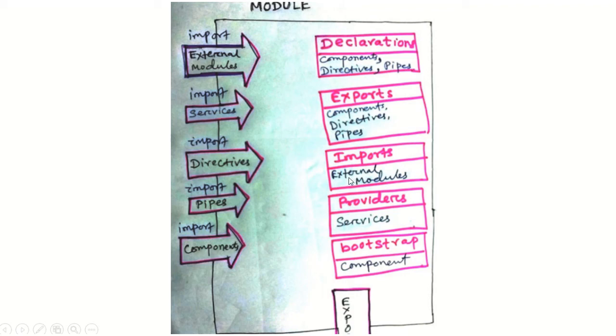In the imports part, external modules; in the providers part, services; in the bootstrap part, a component, meaning we should have a starting component to run the application. We import from here, then put it in the metadata, do some business logic, and then export.